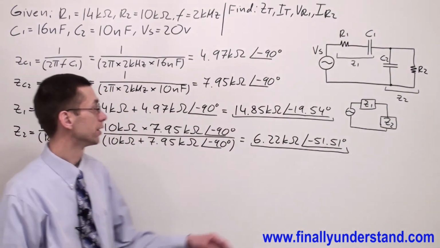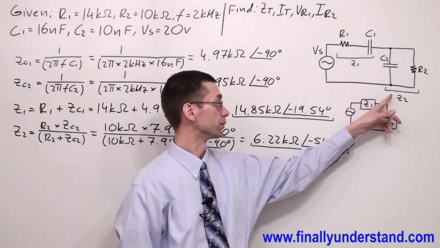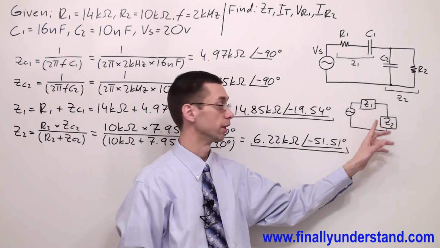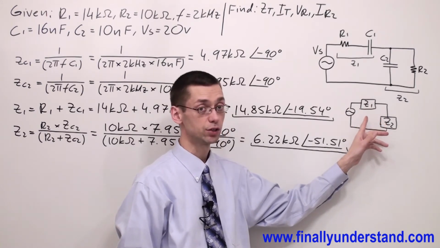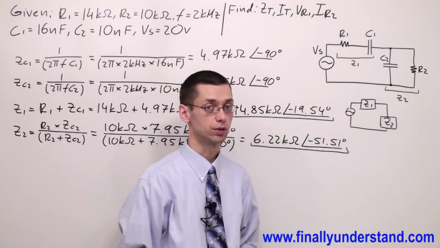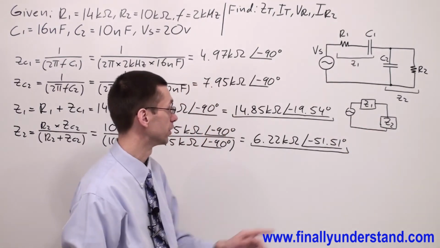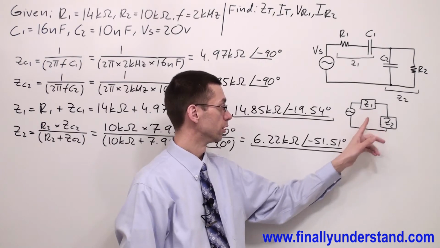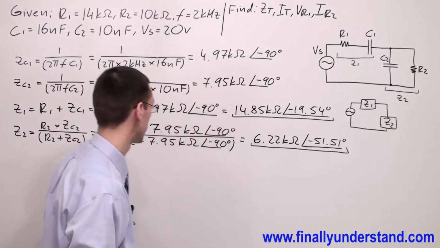We found impedance Z1 and Z2. So you can redraw the circuit, and your circuit right now looks like this. Please notice that these two impedances are in series. So in order to find Z total, we're supposed to simply add them up.